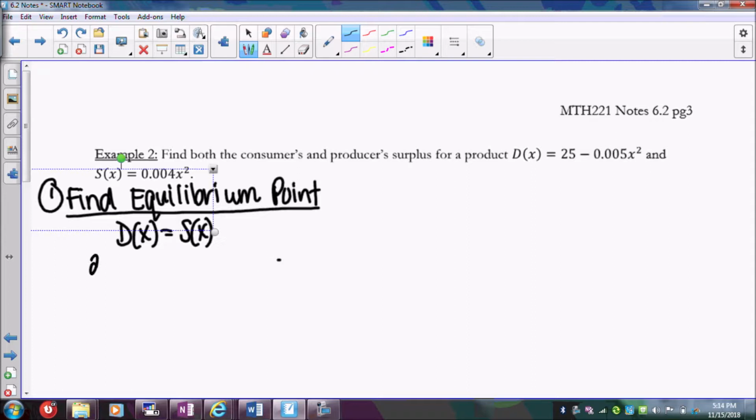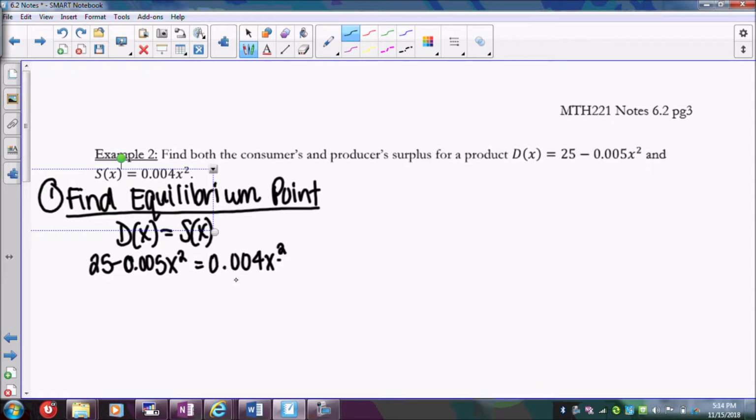So we have 25 minus 0.005 x squared equals 0.004 x squared. Let me rewrite this so it's a little bit neater. So let's go ahead and combine our like terms here.